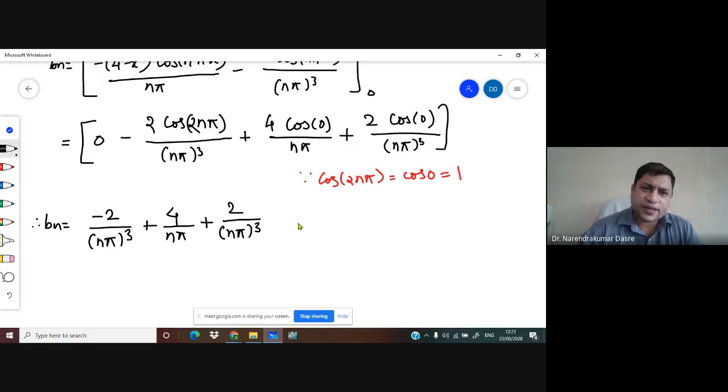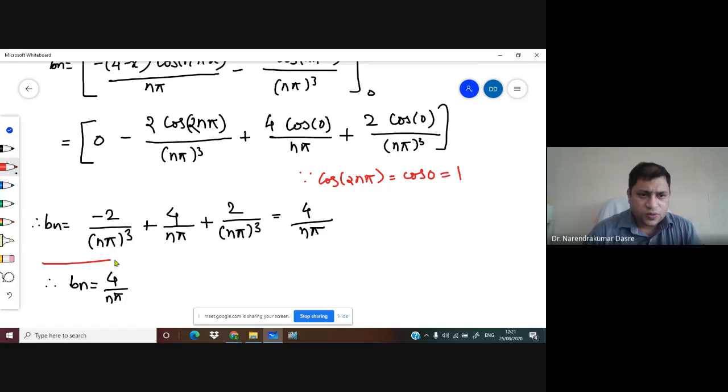This term and this term will get cancelled. So what remains is 4 upon n pi. And hence we get Bn is equal to 4 upon n pi. So once we get this value of Bn, let this be equation 4.